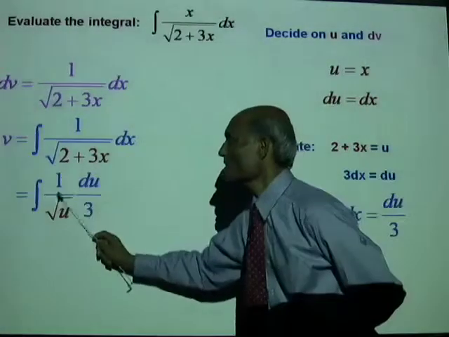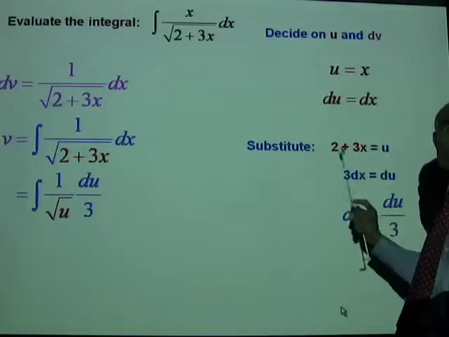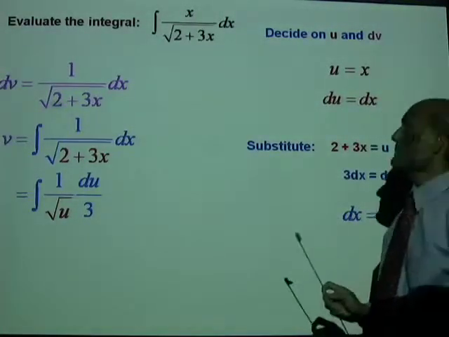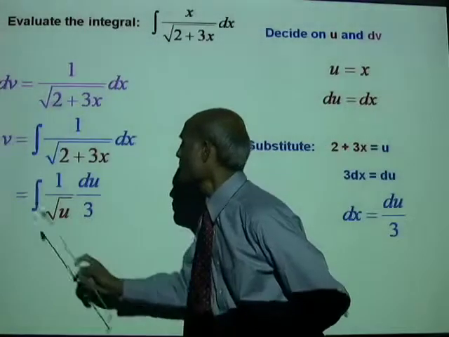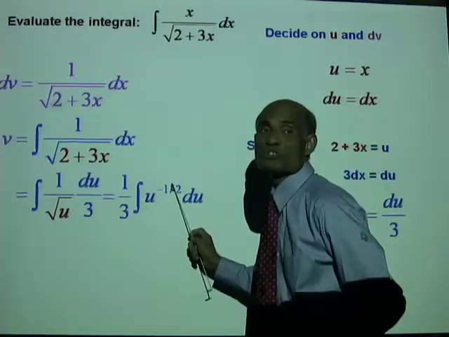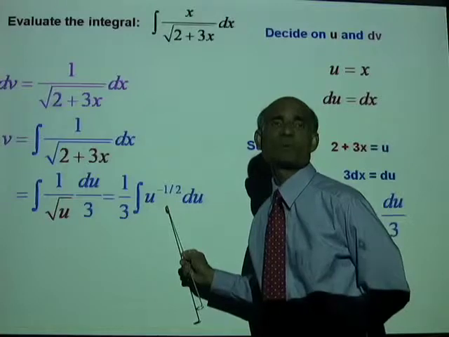That will be integral 1 over square root u, 2 plus 3x is our u, and dx is du over 3. And of course, 1/3 comes out, and 1 over square root u is u to the power of -1/2. We have done a number of these on previous occasions.